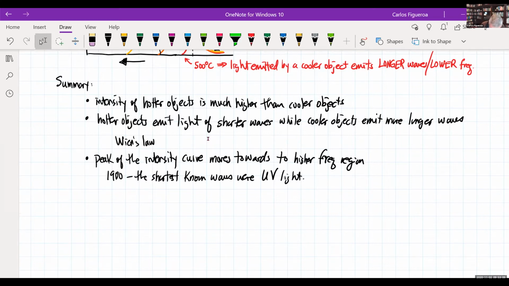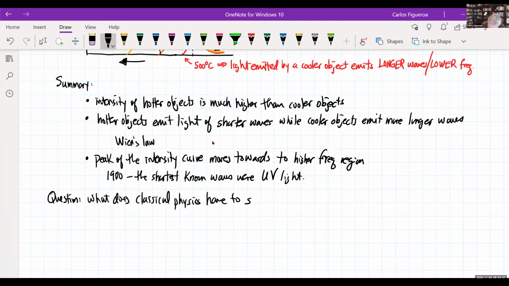So the question is this: what does classical physics have to say about this? In other words, if you were to calculate the intensity curve for a hot piece of metal, what does classical physics tell you?